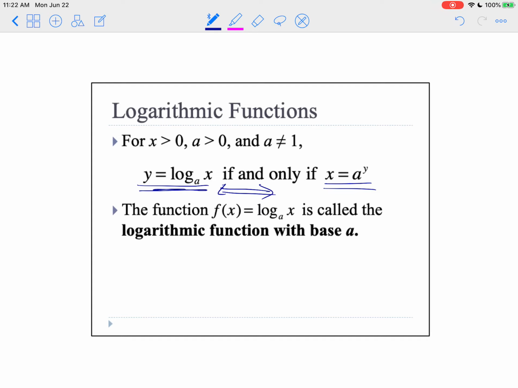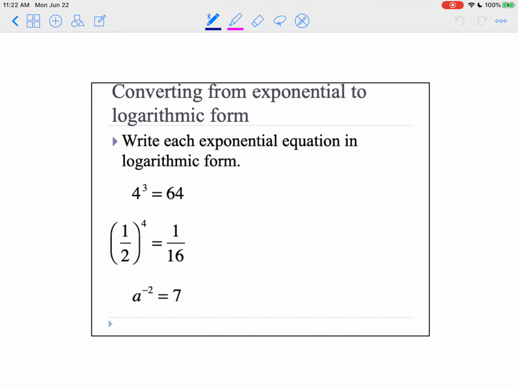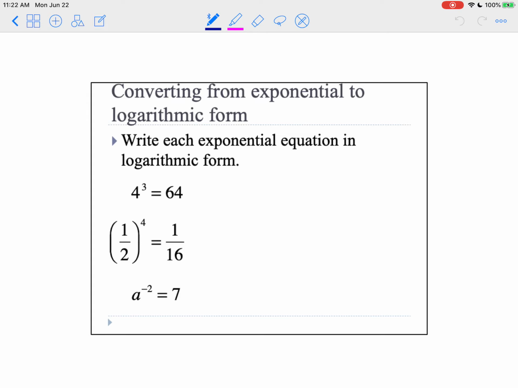And that's actually how we're going to start here. So all we want to do, and I'm going to rewrite the definition up here, if we have something of the form y equals log base a of x, that is no different than saying x equals a to the y.